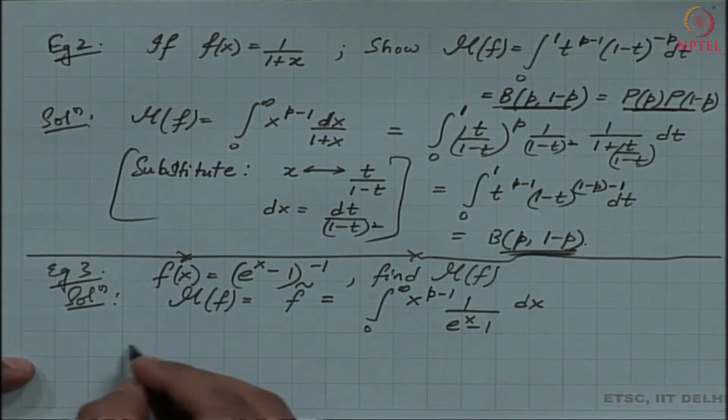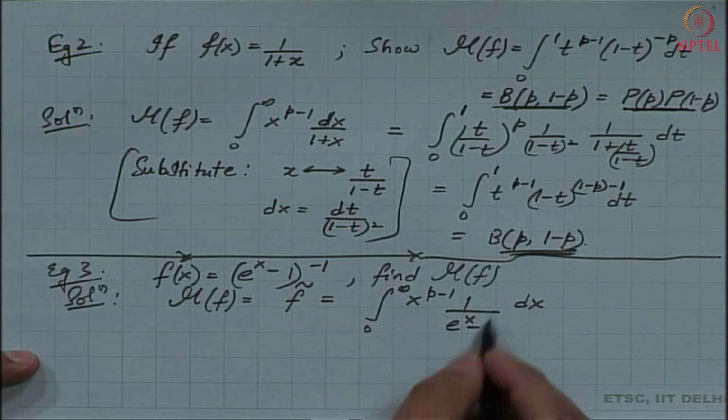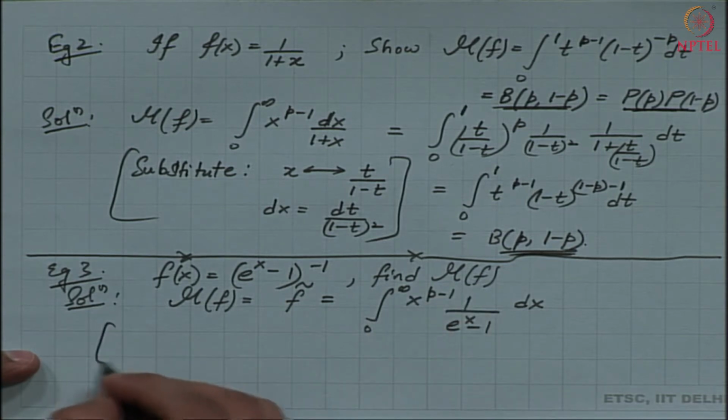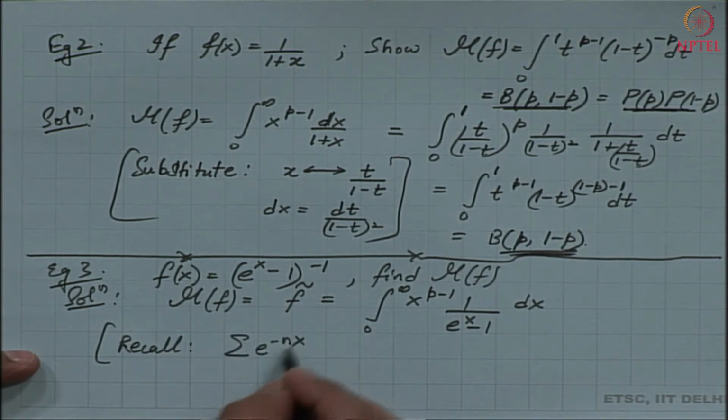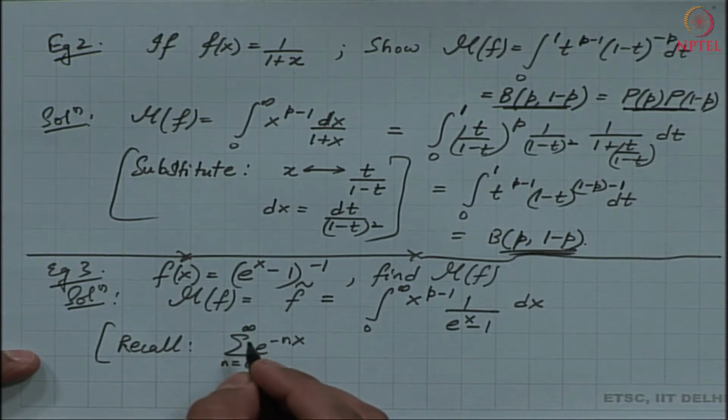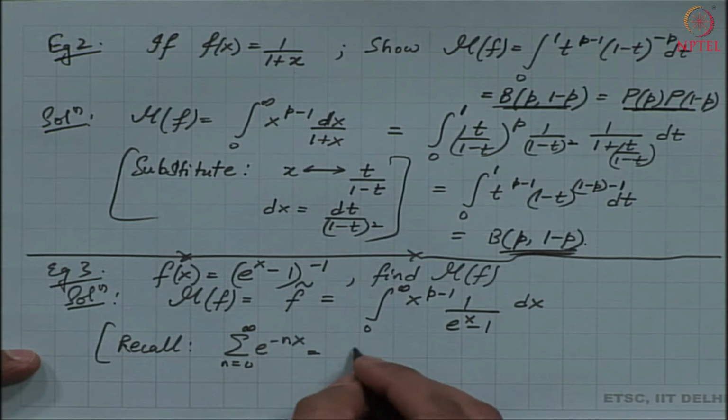So, notice, to further evaluate this integral, let me just recall a series. So, recall that the summation of this particular series e to the power negative n x, n from 0 to infinity, this is a geometric series that will give me the following result. This is 1 by 1 minus e to the power minus x, right.